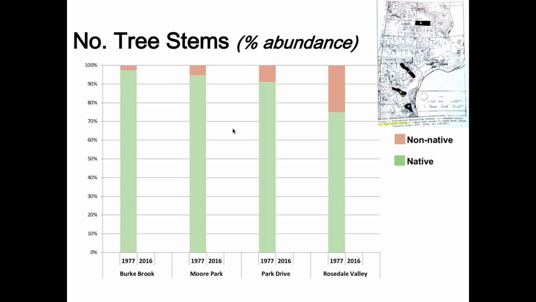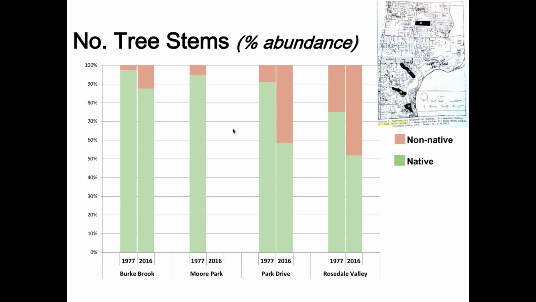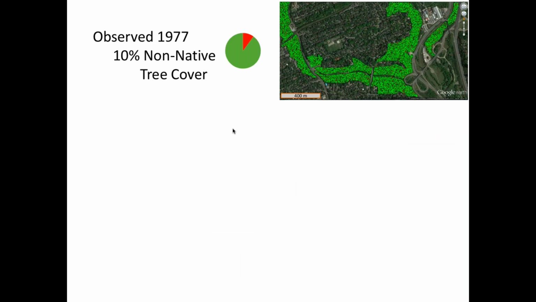So it's closer to urbanization and development and has more use than the other ones. And so even in 77, it wasn't surprising to see that it had more of the non-native species. Today, these are even more so. So the 3 that were reassessed, all of them have increased in the percentage abundance of non-native species. And of course, the more southern ones seem to be more serious.